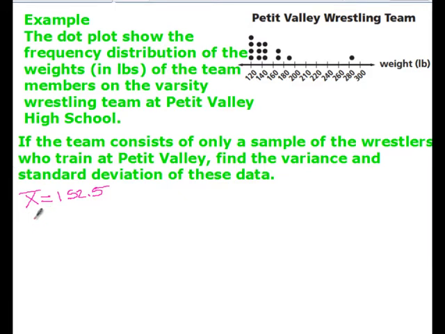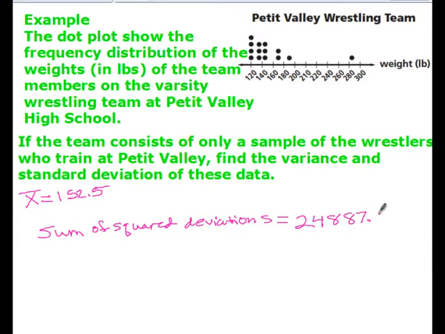So now we want to find the standard deviation and variance of this data. And again, we know the sum of the squared deviations is equal to 24,887.5.